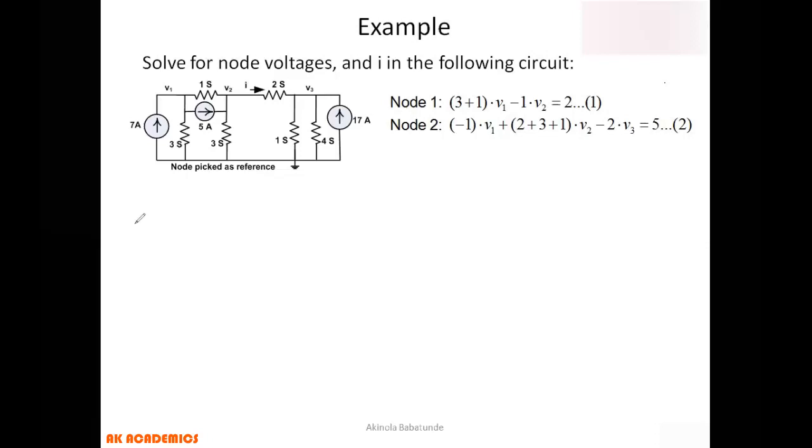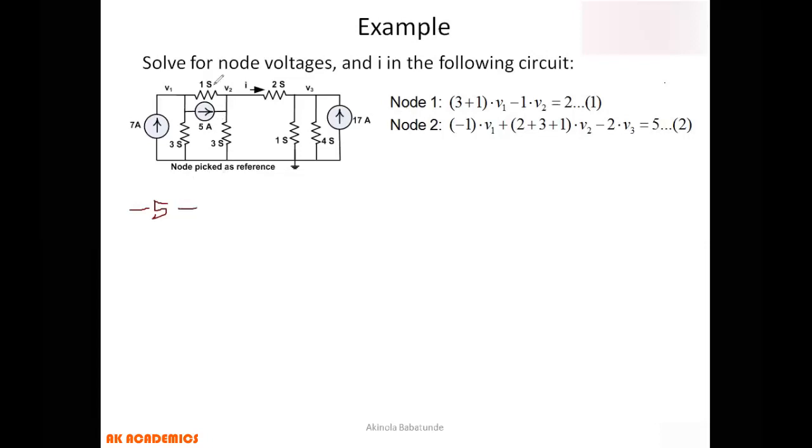So if 5 is entering node 2, what polarity, what sign are we going to give to it? So we have minus 5 already entering node 2. And then you can see that at node 2, we have 1 here, isn't it? As the conductance. And the current is going this way, is entering. So you have minus, right?